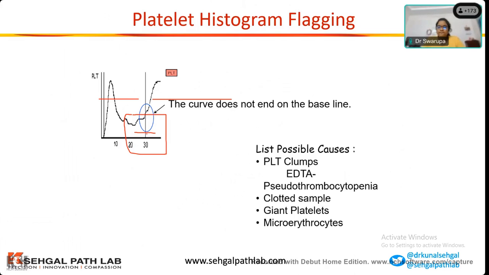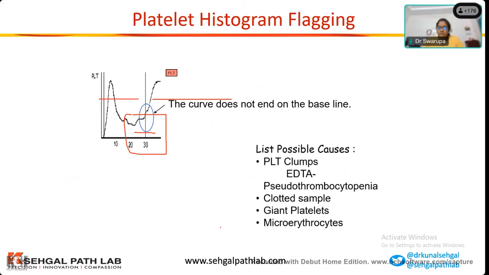Then I'm looking for microcytosis. If there is no microcytosis, I am looking for RBC fragments. If the platelet count is low, I am looking for platelet clumps. So based on the findings on your RBCs, platelet values, and these curves, we can then start screening our smears.